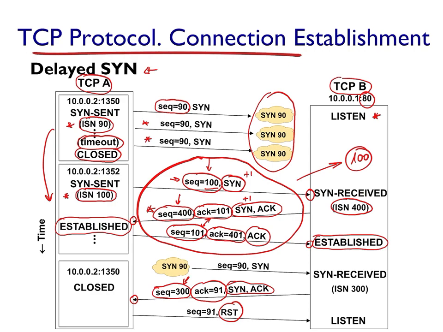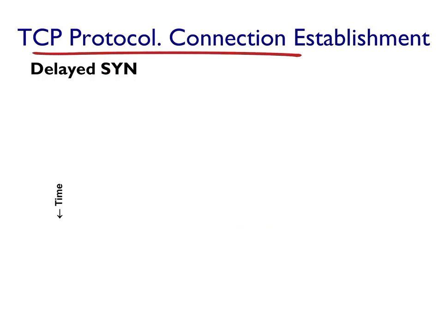So this is an example of a delayed SYN when first there is a trial, no answer from B, then the connection is correctly established, right, perfect, and finally one of these SYNs arrive. So we have to reset that connection and continue working with the one which is already established.